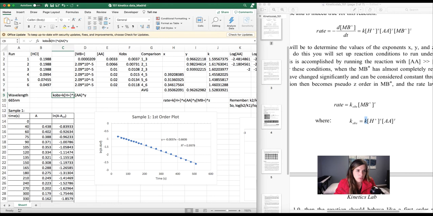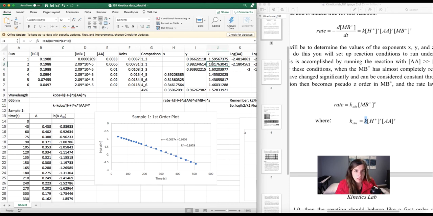My K observed is equal to K times H plus to the X times AA to the Y. So if I'm solving for K, that means K is equal to K observed divided by the concentration of H plus to the X times the concentration of AA to the Y. So that's essentially what I've put into this cell right here to solve for this K value.